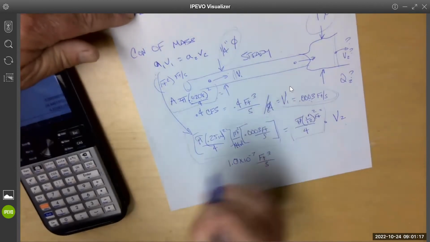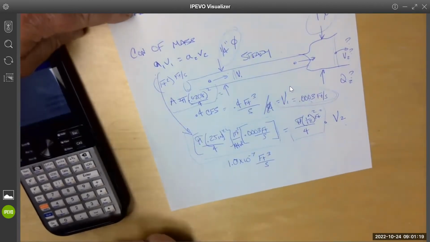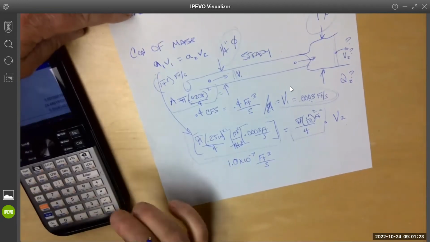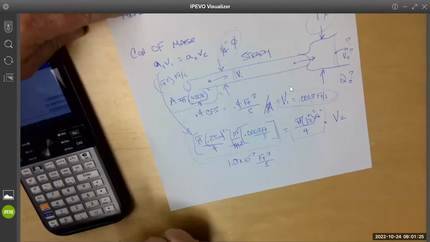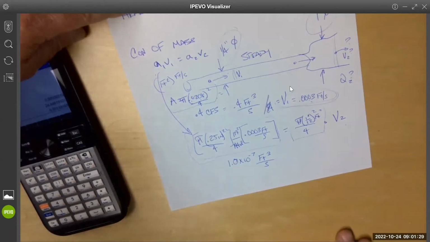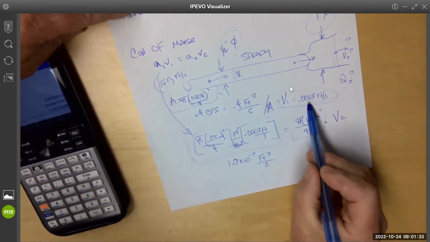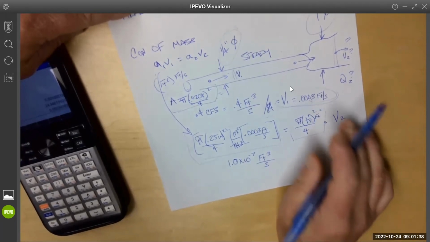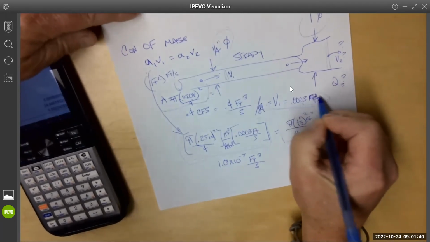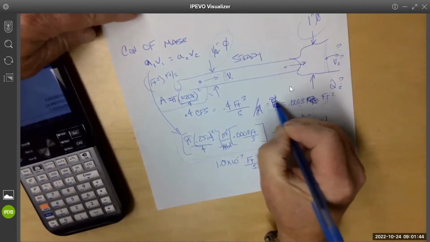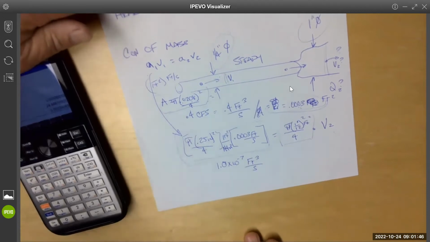So the area I get is squared. 0.0034. Well, that's maybe what this is. That's what I got. This is the area, 0.00034088. Yeah, feet squared, right? Just wrote it down wrong.